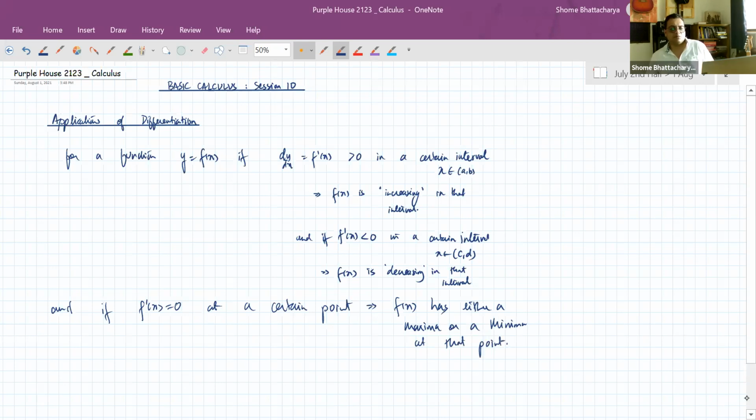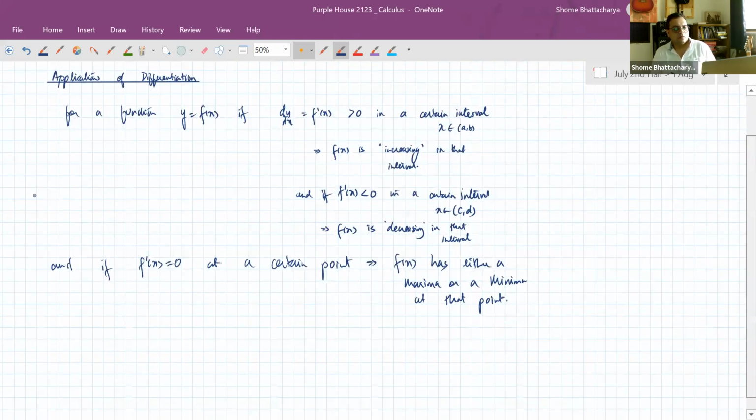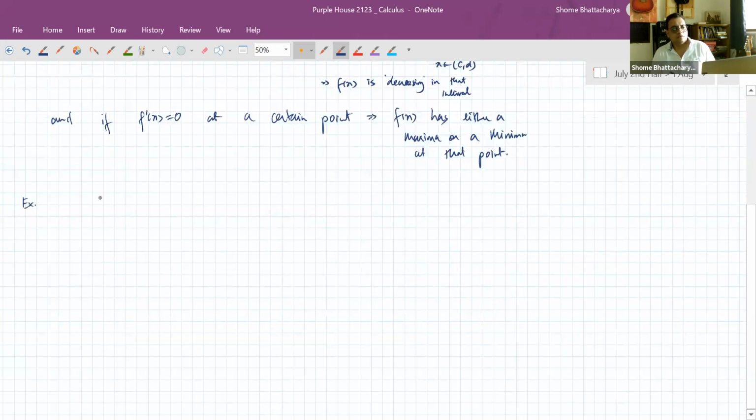So let us revisit this concept with an example. For example, I have the function y is equal to 1 by x minus 1 by x square, and I am considering only values of x which are greater than 0.